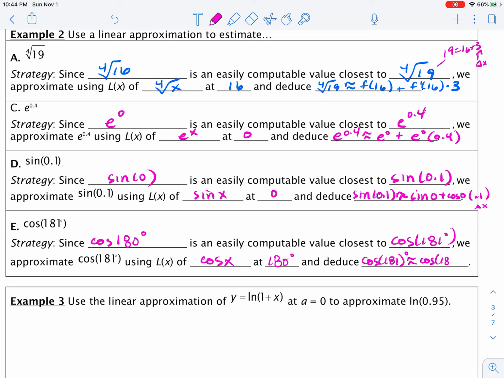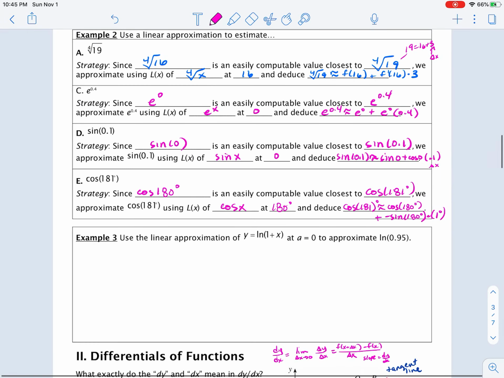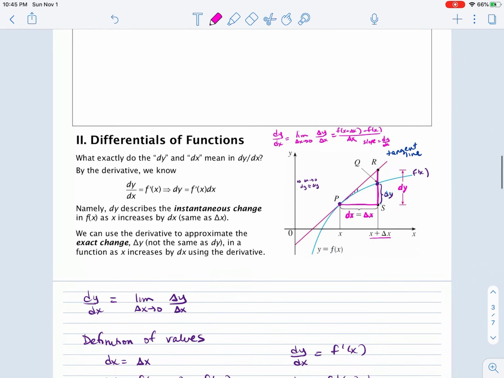We deduce that cosine of 181 is approximately equal to cosine of 180 degrees plus the derivative evaluated at 180, and the derivative of cosine is minus sine, and then times the differential, and the differential would be 1 degree. Good, and that would be our delta x.